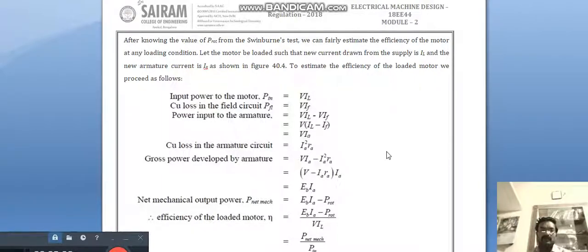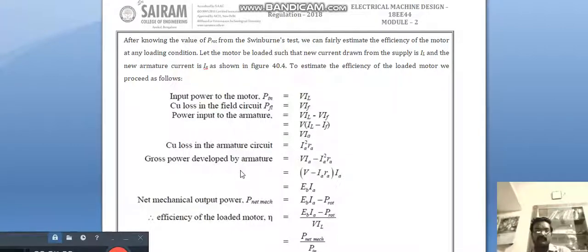Power input to the armature is V IL minus V IF. Here V is common, so we can take V out: V into (IL minus IF). IL is the line current and IF is the field current. So this is V IA. The copper loss in the armature circuit is Ia square Ra.